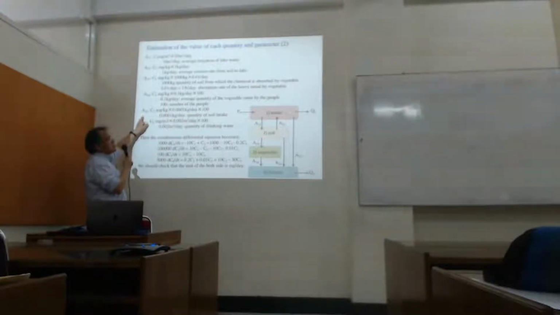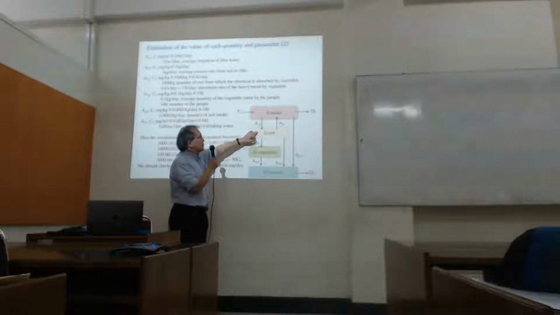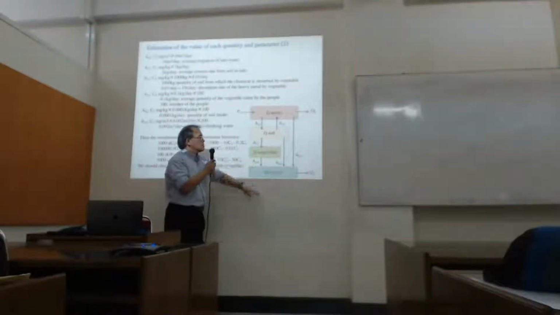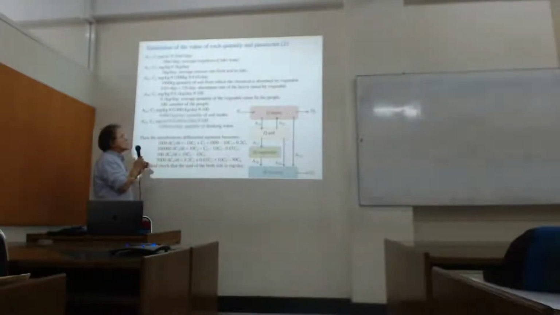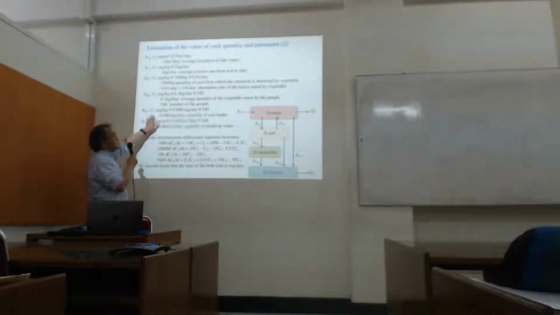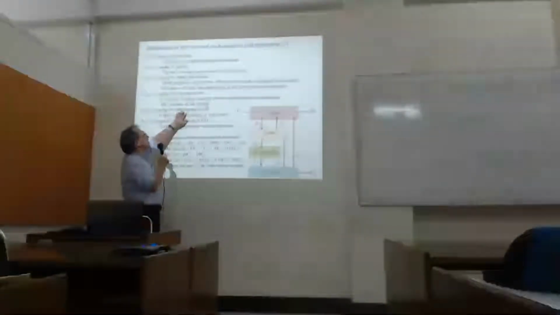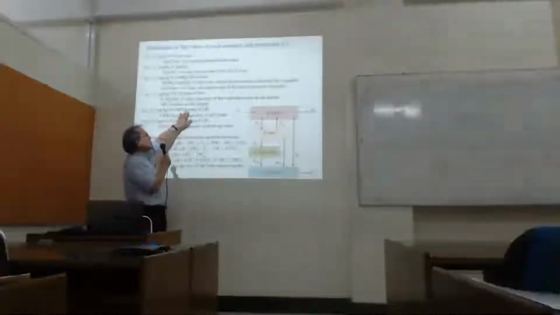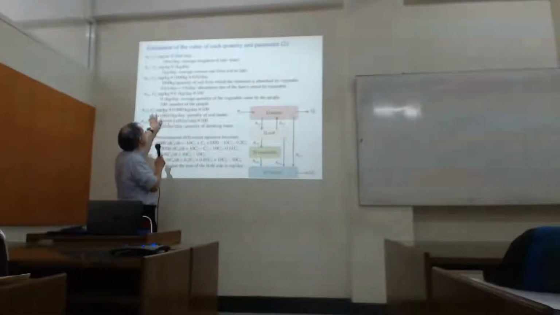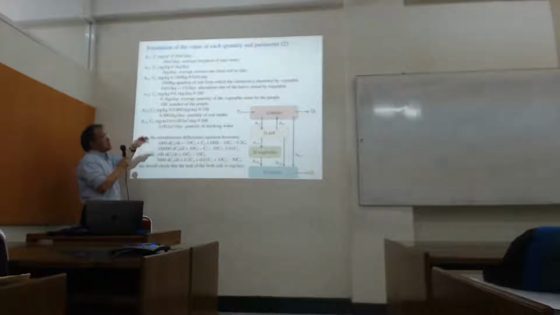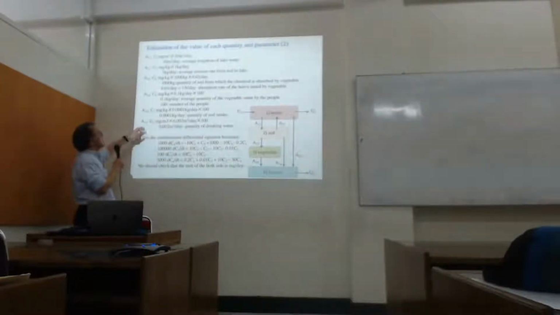And A24 is the total amount from soil to human beings. So concentration in soil times how much people intake, under 100%. So this is the total amount of the movement from soil to human beings.